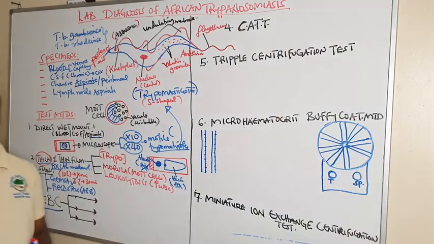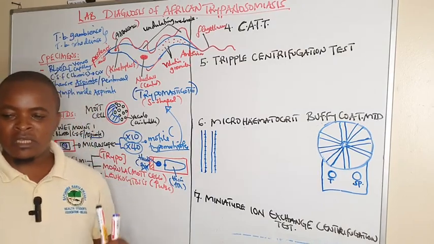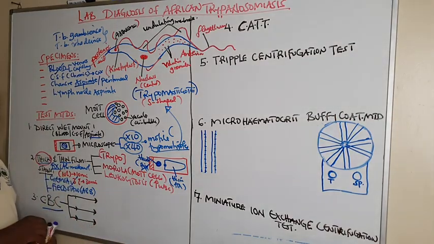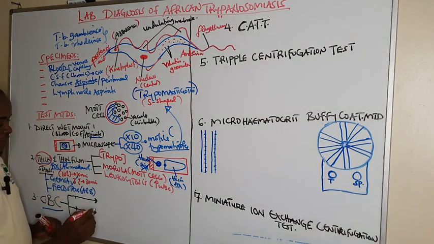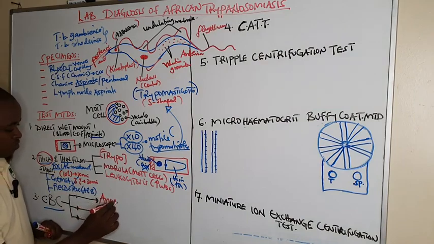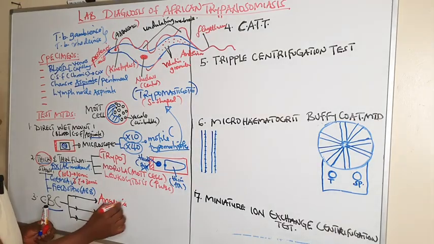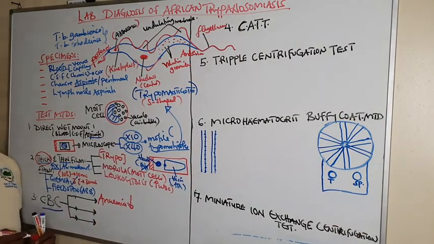As trypomastigotes are in the bloodstream, they lead to anemia. That is due to increased destruction of RBCs. So we look at hemoglobin levels and total RBC count. It is reduced, leading to anemia.